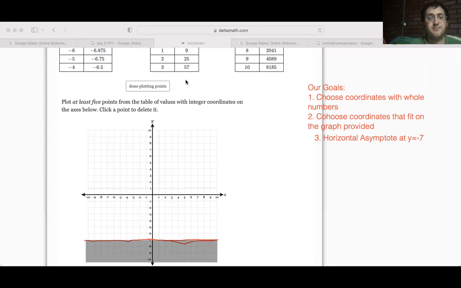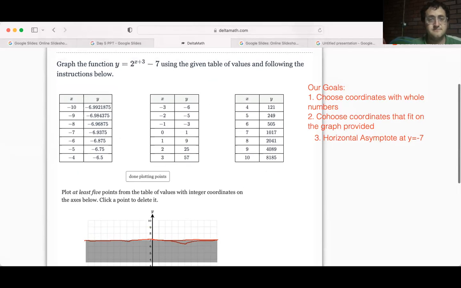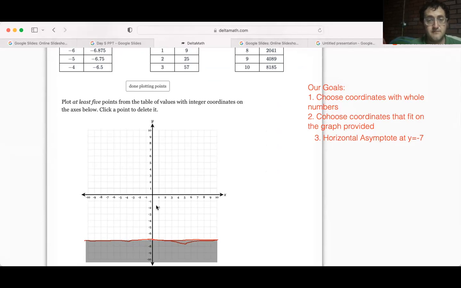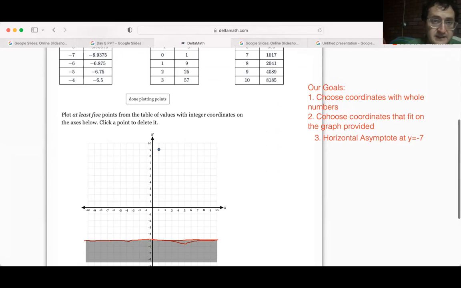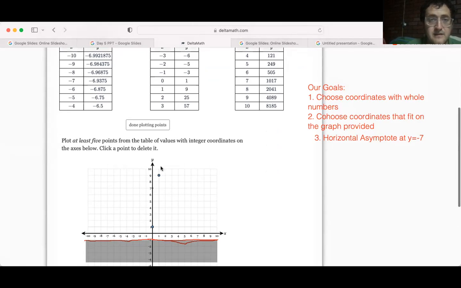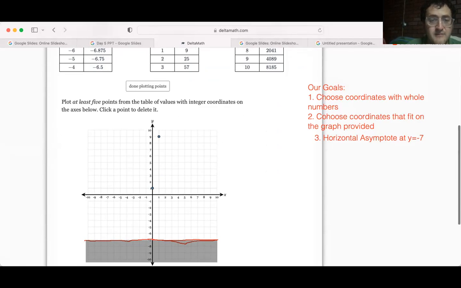And I'm going to plot some points on my graph. So I have like 1, 9. That's kind of an important point. 0, 1 is another nice point as well. -1, -3.